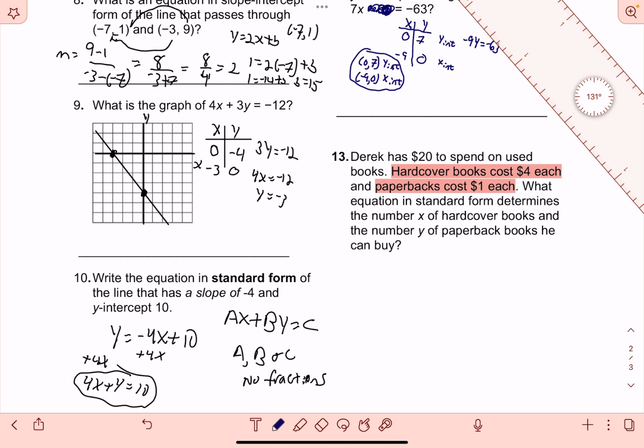This is really easy, because how much does each hardcover book cost? $4. So let x equal the number of hardcover books, and y equal the number of paperback books.